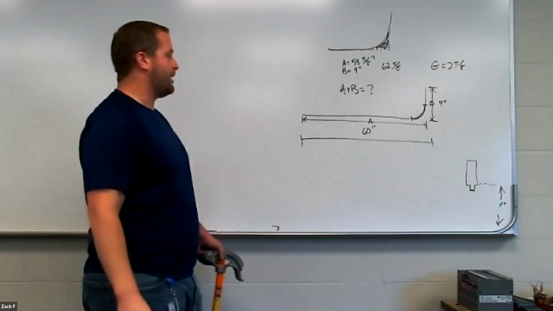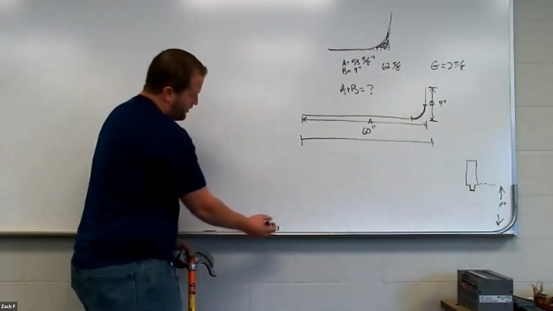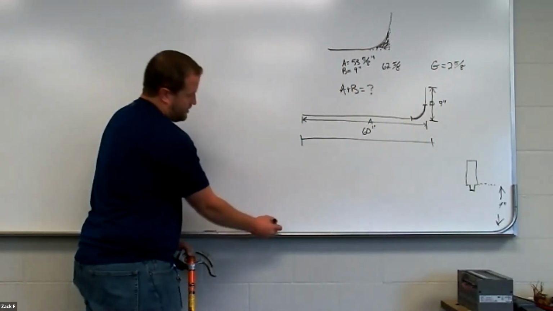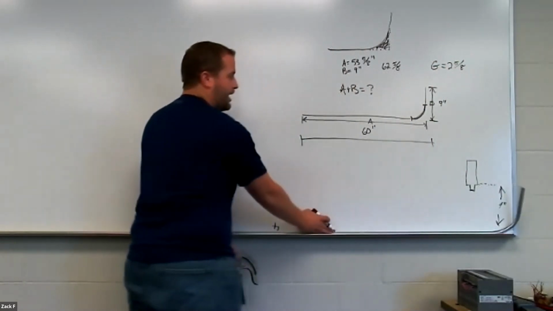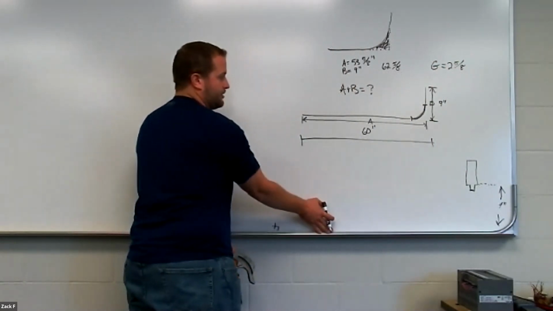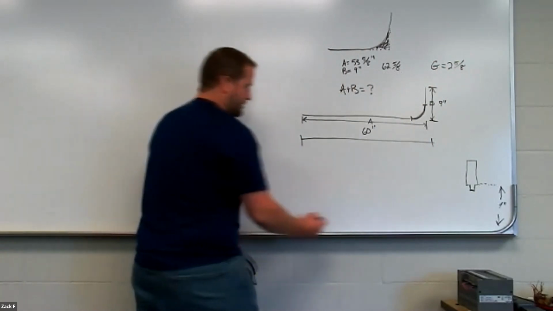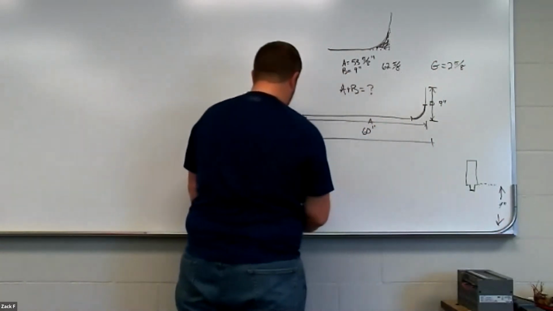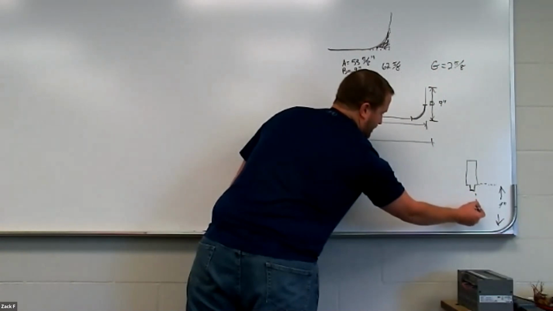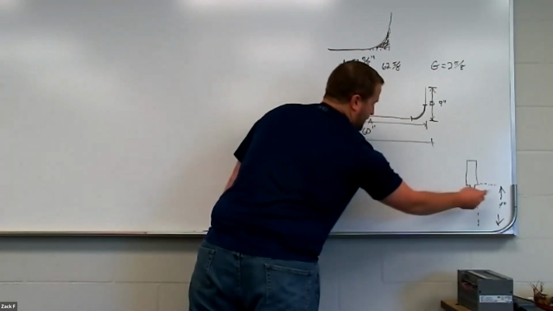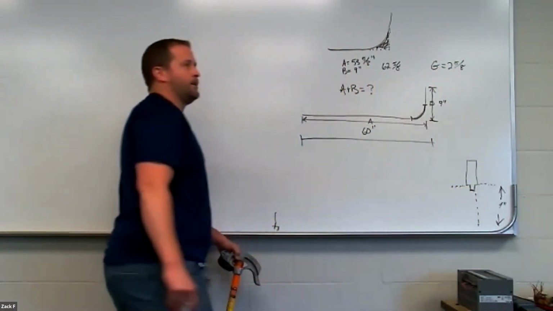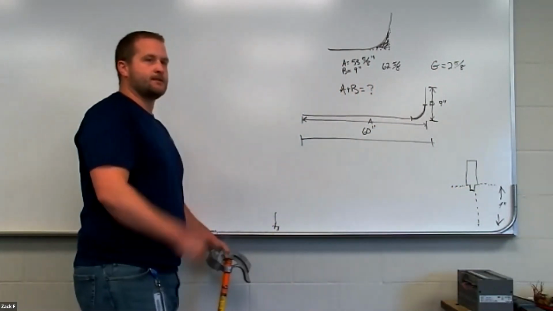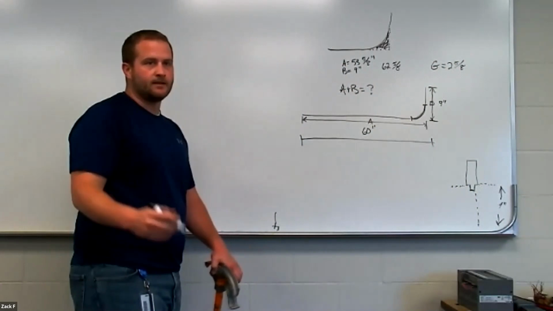So that being said, if I was coming from here and I wanted to know exactly what to have this pipe cut at before I bend it, I would take this measurement from here to here plus 9 inches minus the gain. Make sense?